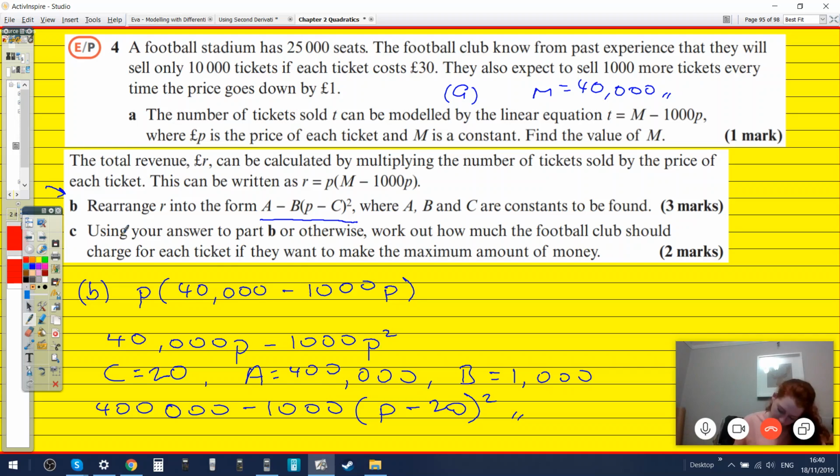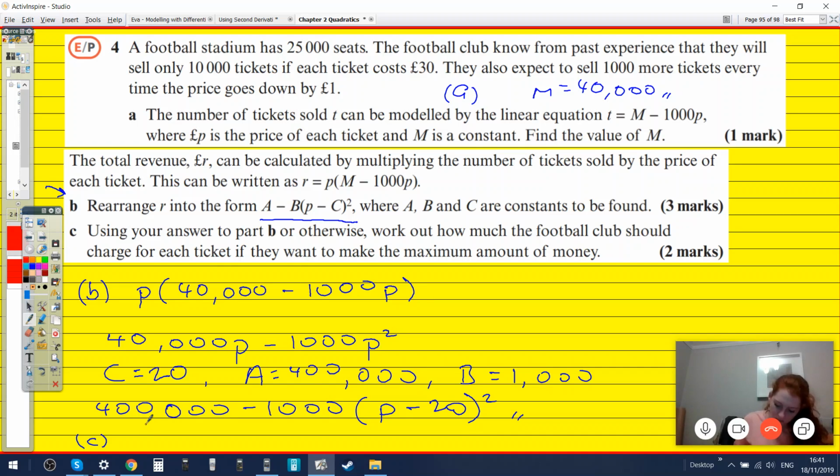And so, part C. Are we trying to find it from the answers we've just found?